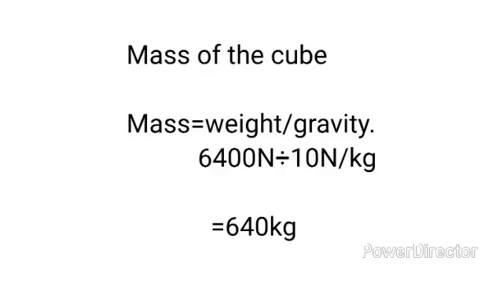Now that we have the weight of the cube, we can divide this by the gravity, which is 10, to get the mass of this cube. So if we divide 6,400 by 10, we get 640 kilogram as the mass of the cube.